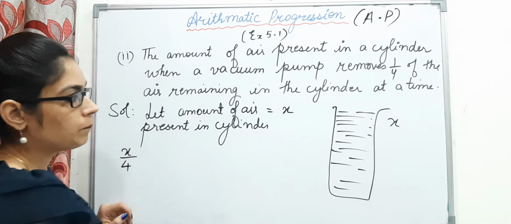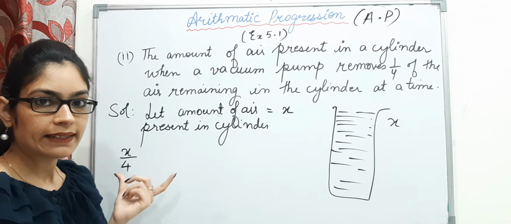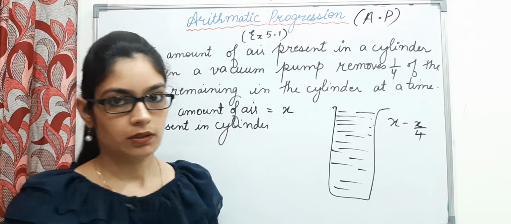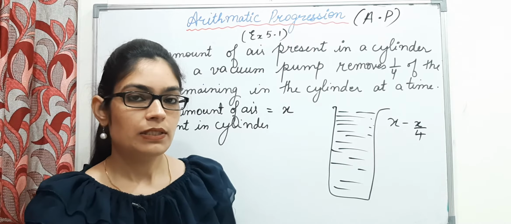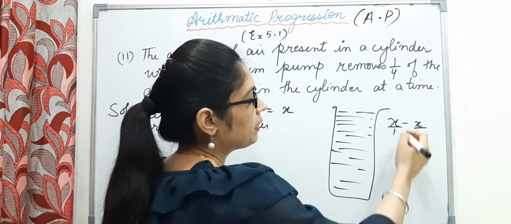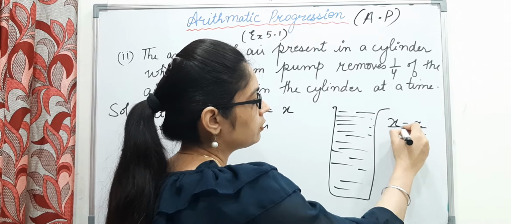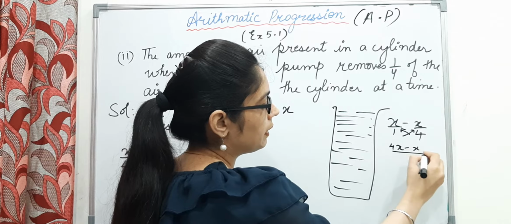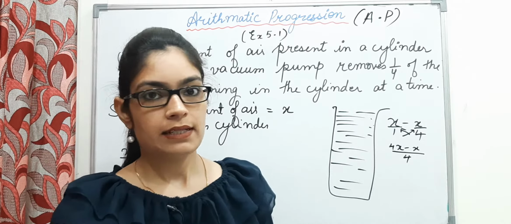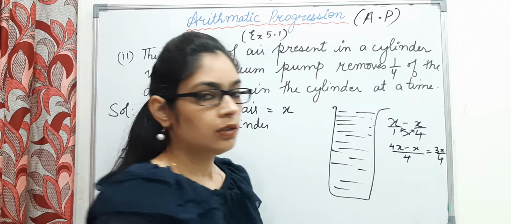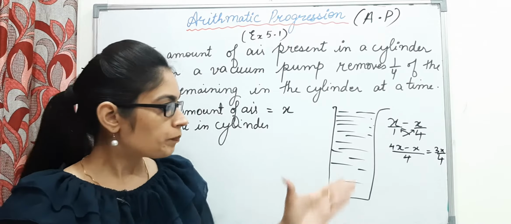Now again, out of x, x by 4 air is removed, so how much is remaining now? We can just take the LCM: 4x minus x by 4 is equal to 3x by 4. Simple thing.